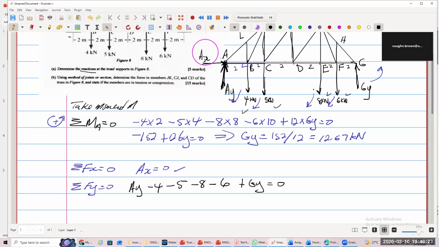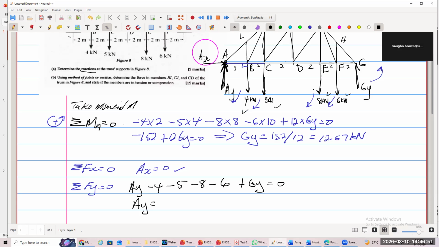All right? So therefore, we have GY. So AY is going to be equal to, when you add all of this, how much do you get here? Minus 14, minus 9. So we have 23.